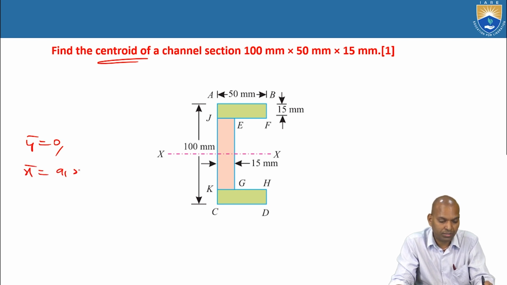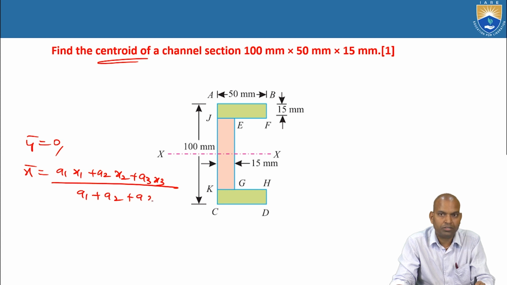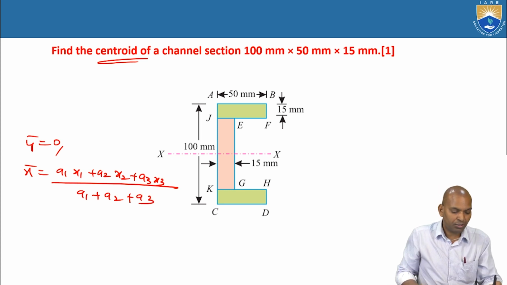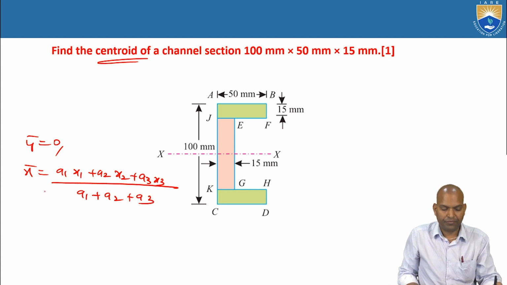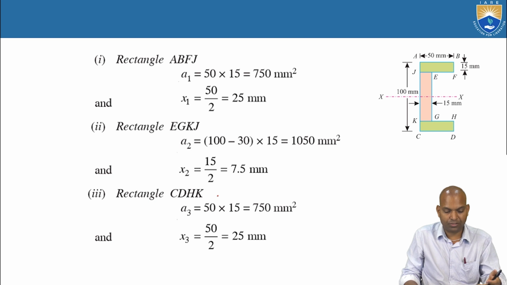Bar x means A1 x1 plus A2 x2 plus A3 x3, there are 3 sections, by the sum of areas A1, A2 and A3. What 3 things are required here? Areas of the individual sections and x1, x2, x3.